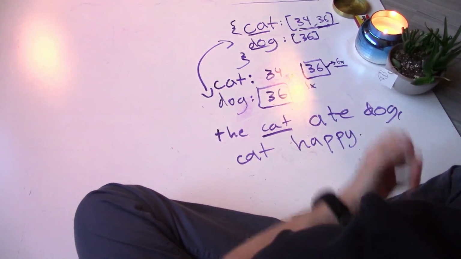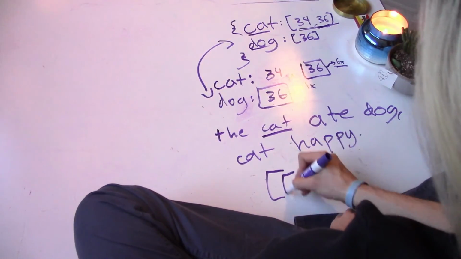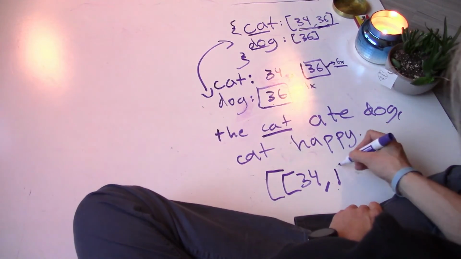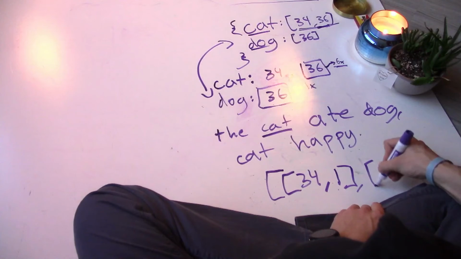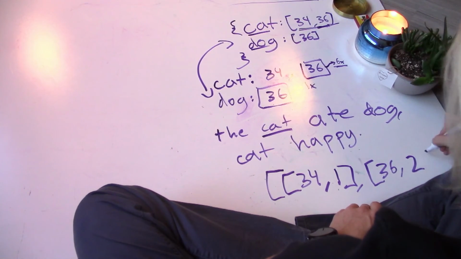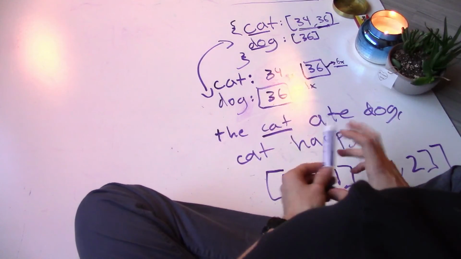You could consider having a 2D array where we have 34, and cat occurred once in document 34, and then we have 36 here where cat occurred twice. So that could be a consideration.